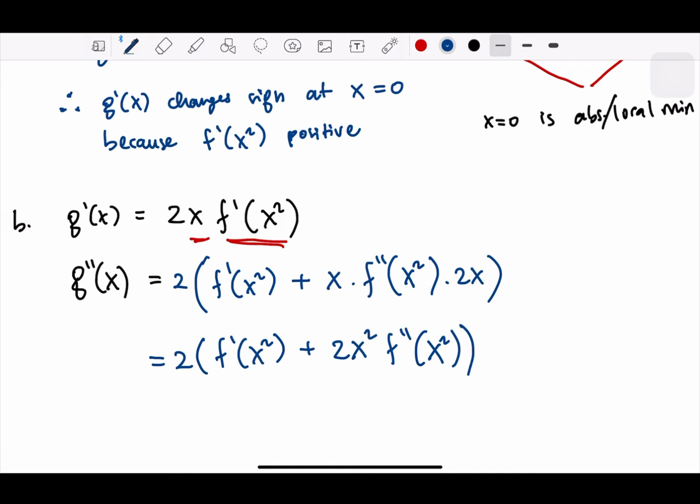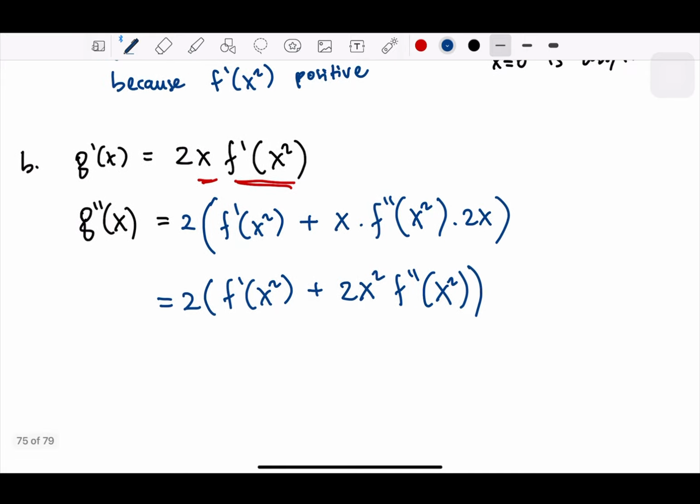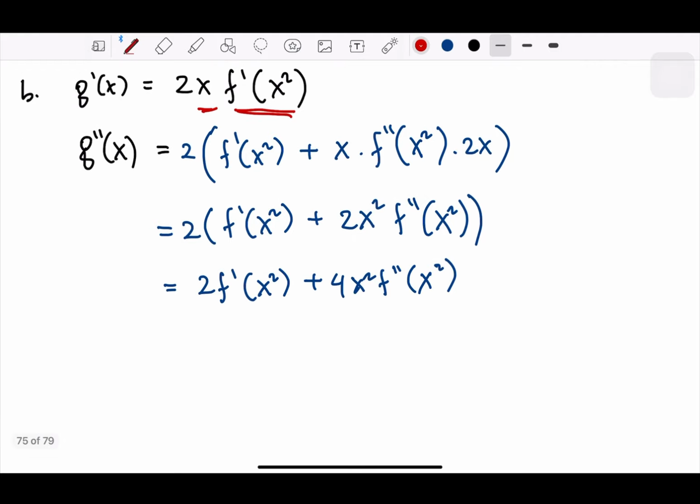Okay, I think it's correct. And then we multiply by 2, so this will be 2 f prime of x squared plus 4x squared f double prime of x squared. So x squared will be positive for all x not equal to 0, right?